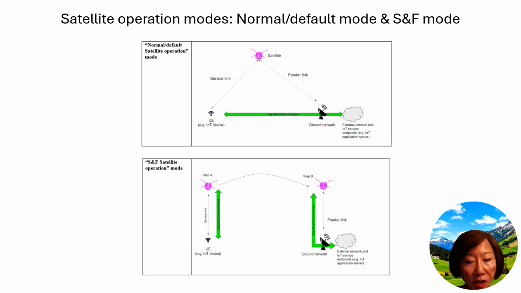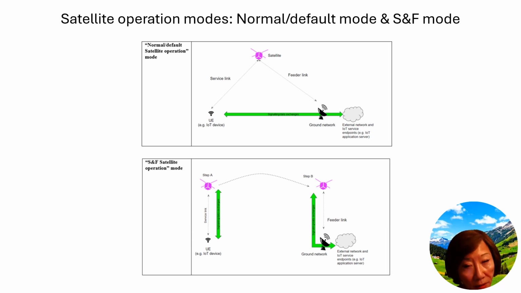It acts as the intermediary for communication between ground-based elements. We have a service link, the connection between the satellite and the UE, and is represented by a dotted line, dotted line indicates wireless connection.